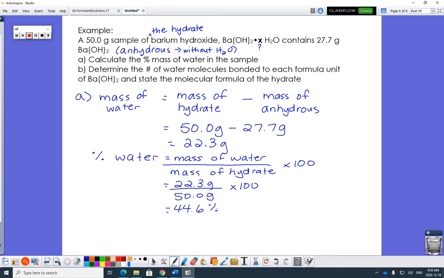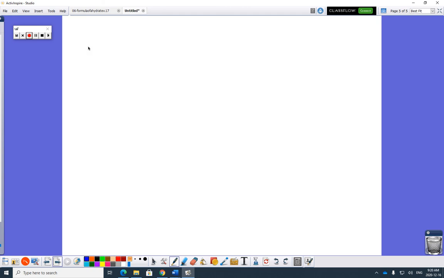Okay, so now for part B. We're going to make our chart. So when we are finding the formula, you do mass, molar mass, moles, mole ratio. It just depends. Are we doing elements separately? Are you doing the ionic compound and the water?